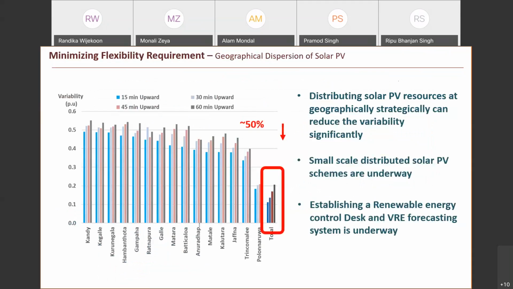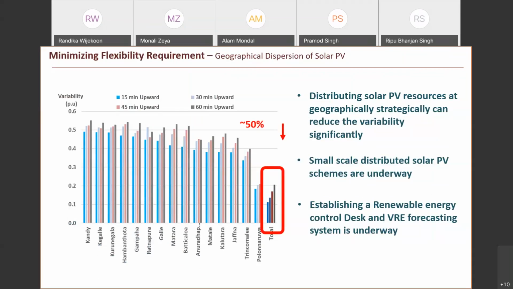And one other strategy that we are using to minimize the flexibility requirement is geographical dispersion. We have observed that with the geographical distribution of solar PV generation, we can achieve a remarkable reduction in the variability levels. We can see it can be reduced up to 50% in most cases.